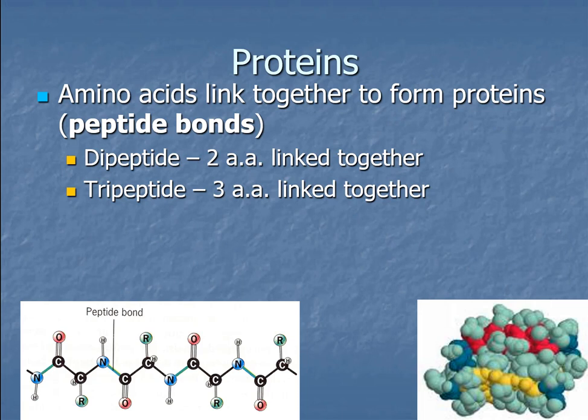So proteins have a lot of functions in the body, but one of their key functions is just structure. So a lot of our structures in the body are composed of primarily protein. And we can transfer energy out of amino acids, but it's not the preferred mechanism for energy transfer in the human body.